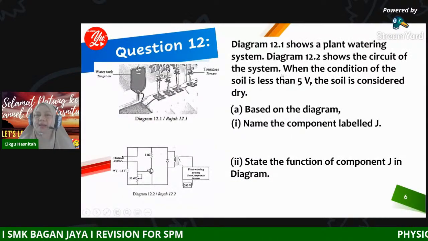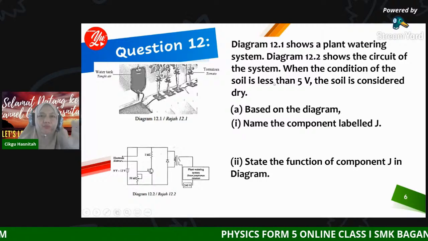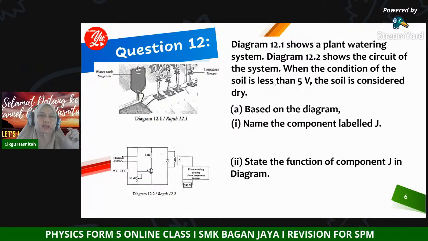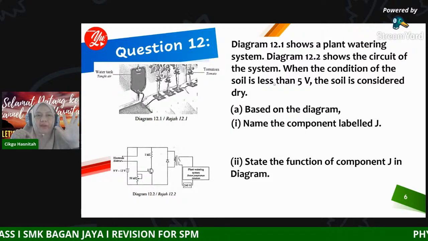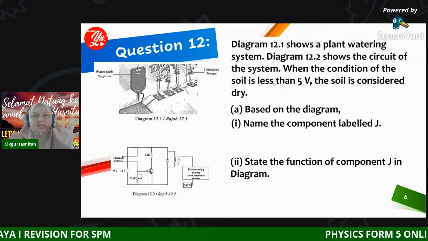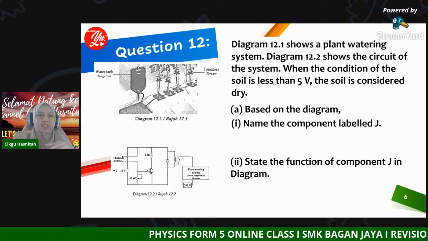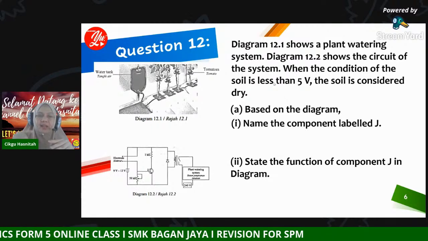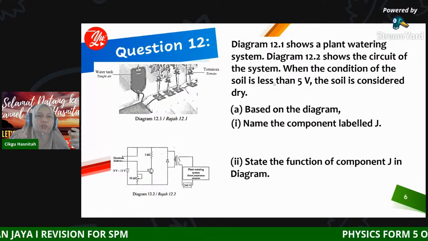It is said that when the condition of the soil is less than 5 volt, the soil is considered dry. If the electrode records a reading less than 5 volt, it gives a signal that the soil is dry and needs to be supplied with water at that moment. So this is an automatic plant watering system.